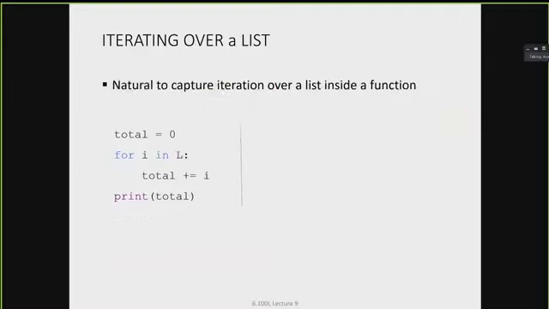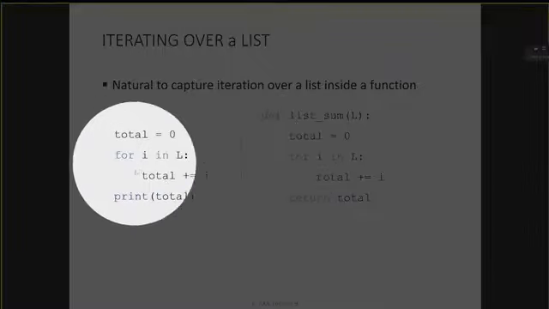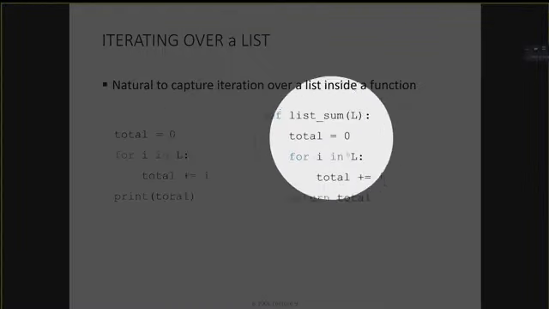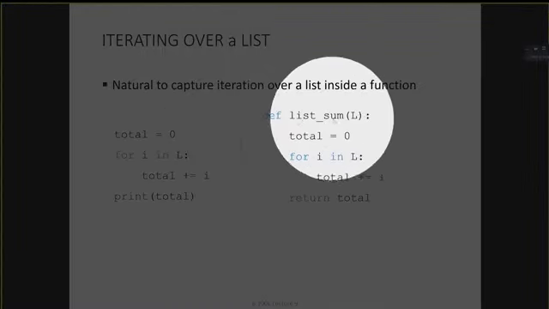So if we take that code and wrap it around a function to make this piece of code something that we can reuse in a whole bunch of places to grab the sum of all the elements of a list, we can do that. So here I've taken the code that does the work and plopped it inside this function. I've named it listSum.